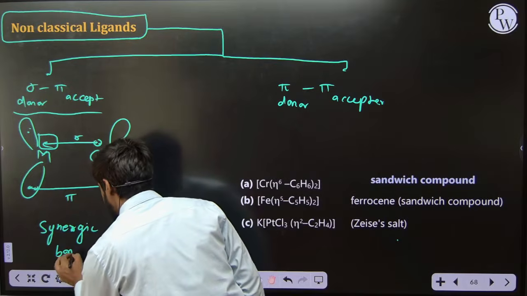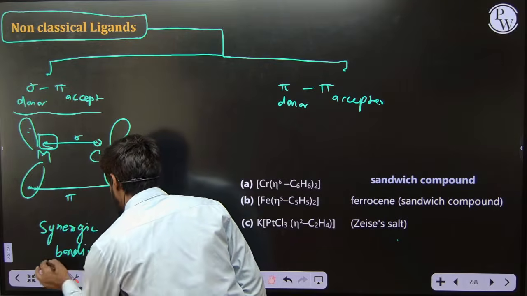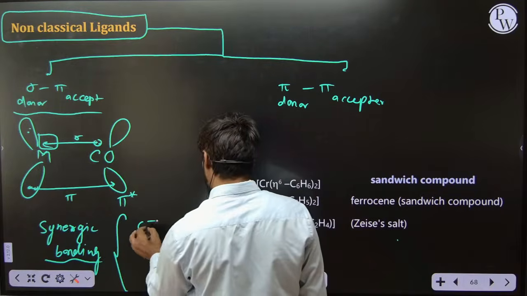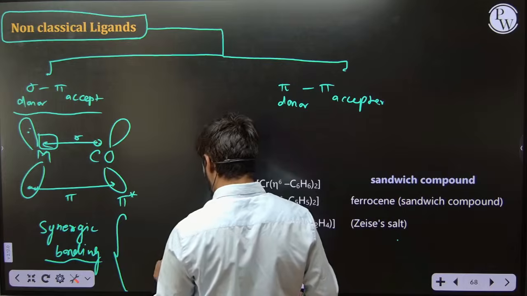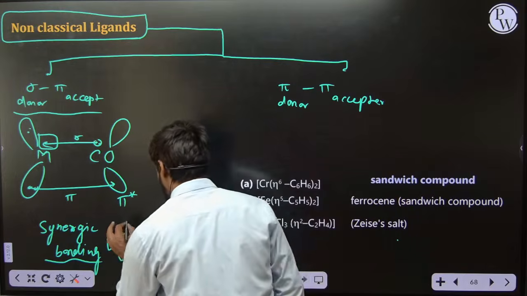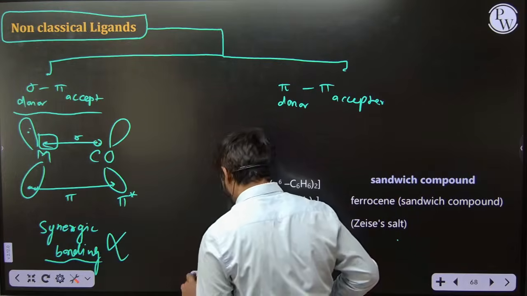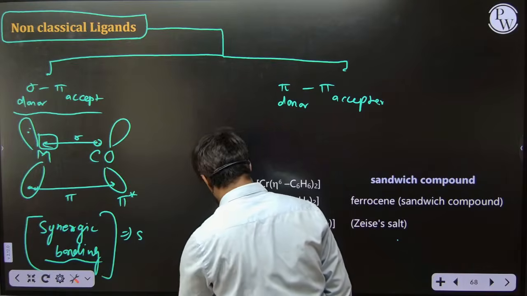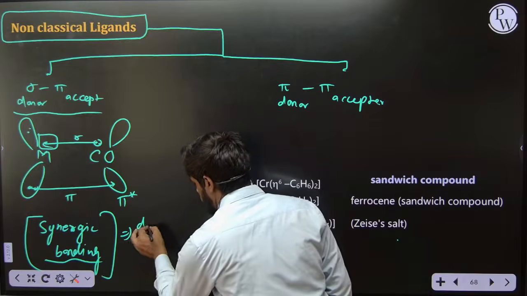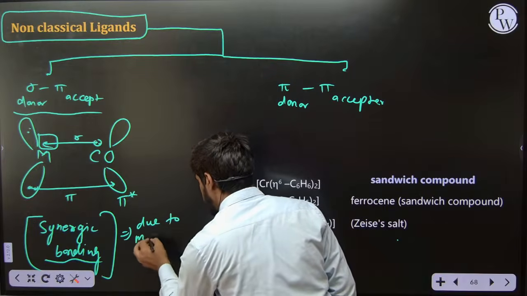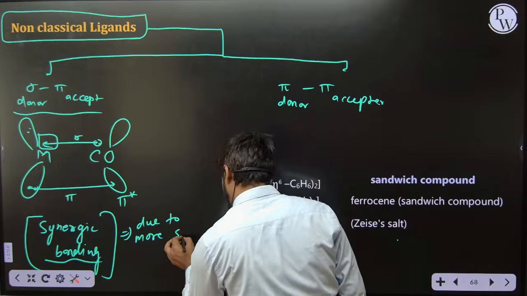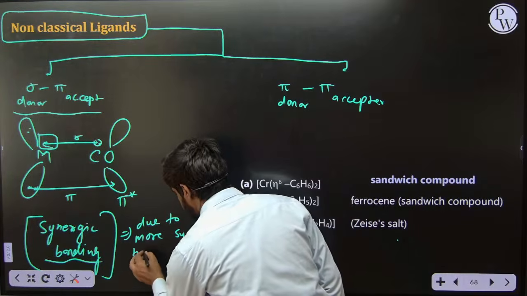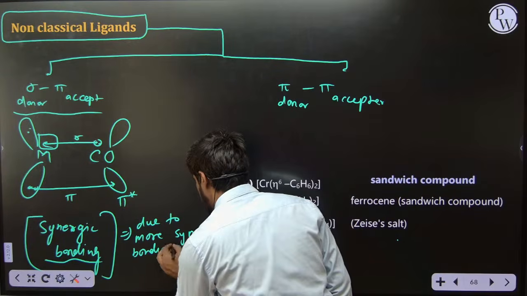This is known as a synergic type of bonding. In case of synergic bonding, the bond order of CO, if it is more synergic bonding, what will happen?